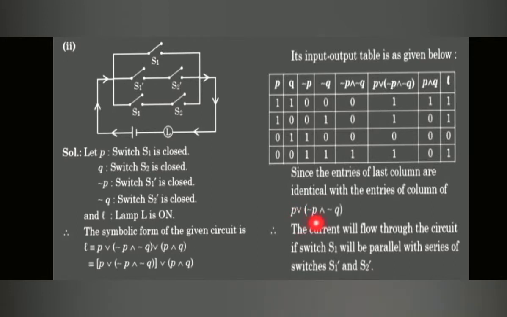This is parallel with the series S1 dash. This is negation P means S1 dash, and negation Q means S2 dash. See this last sentence: if switch S1 will be parallel with the series of switches S1 dash and S2 dash. This statement is written in the sentence.